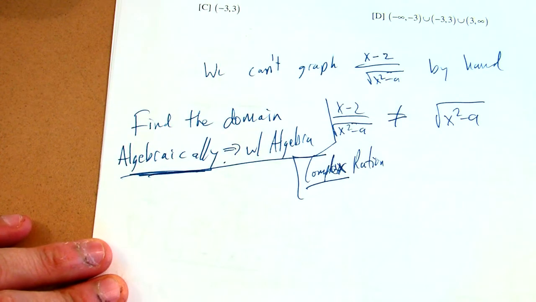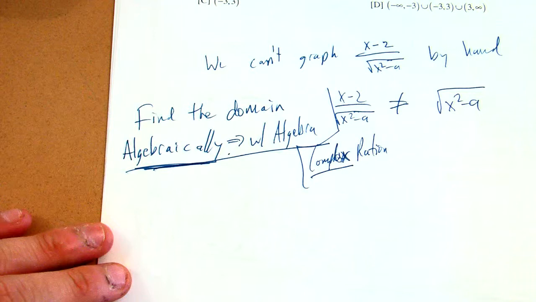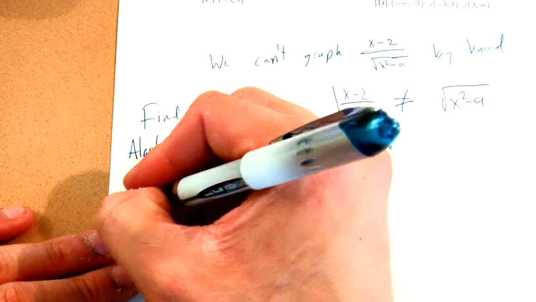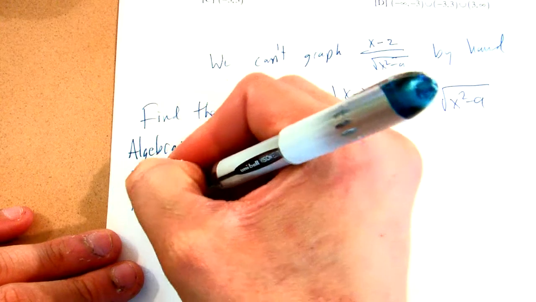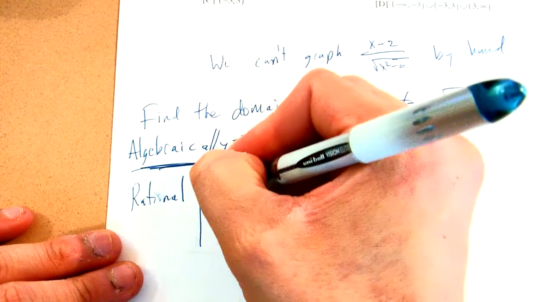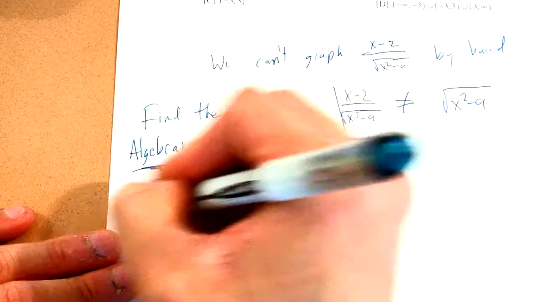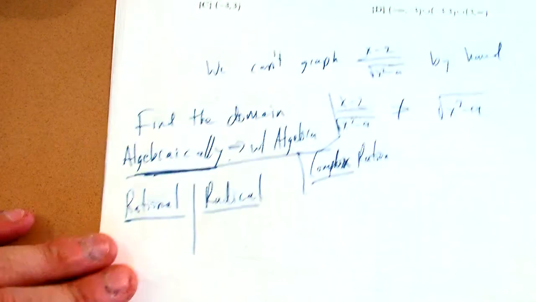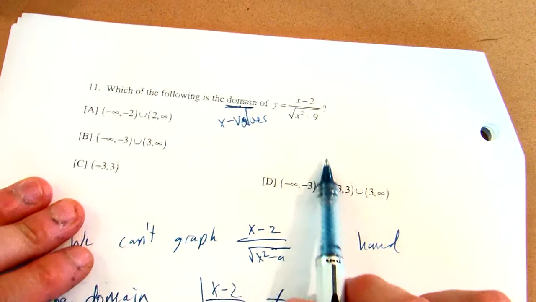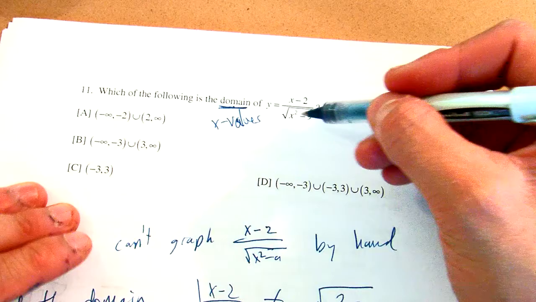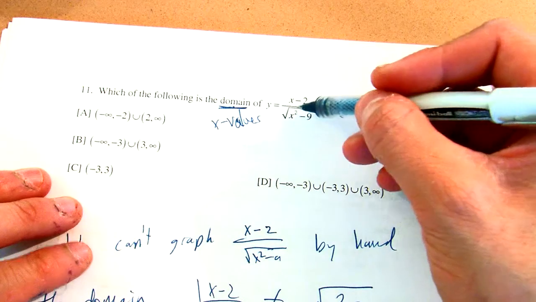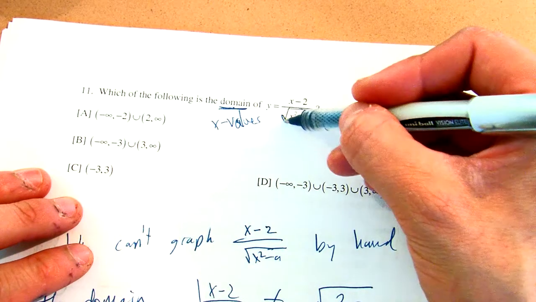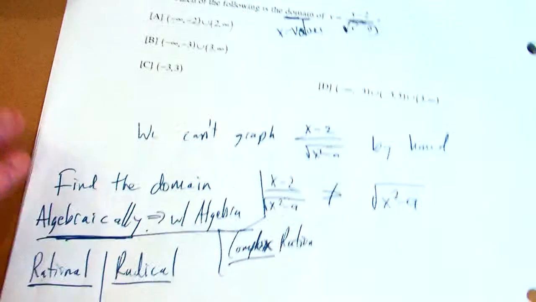And if you recall your domain and range rules, we have two of them. We have if it's a rational and if it is a radical. Okay? In this case, this problem here, it is actually both. I have a rational because x is on the bottom, and also I have a radical. So I'm going to use both rules here.